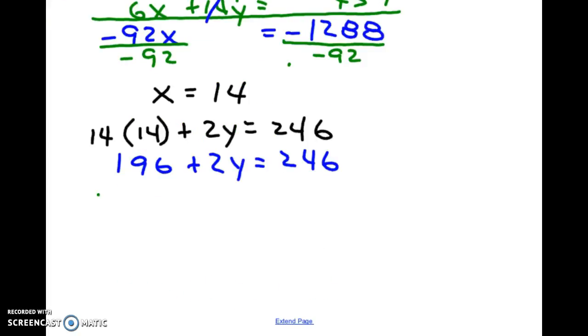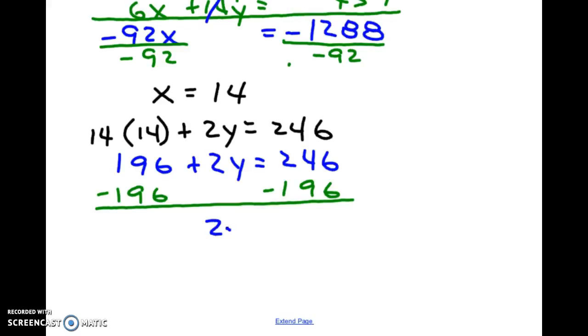To solve, we're going to subtract the 196. 2y equals 50. Divide by 2. And we'll get y equals 25.